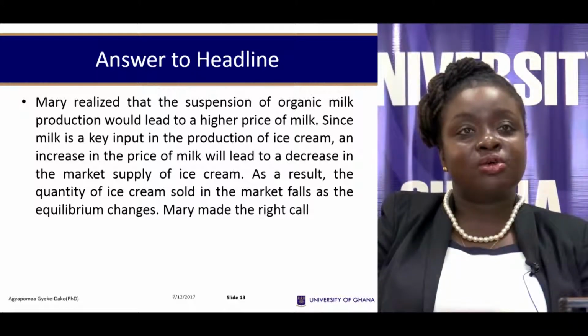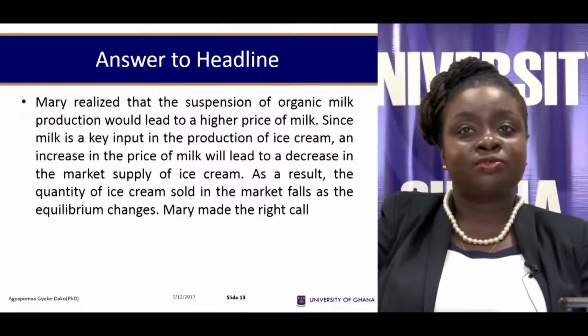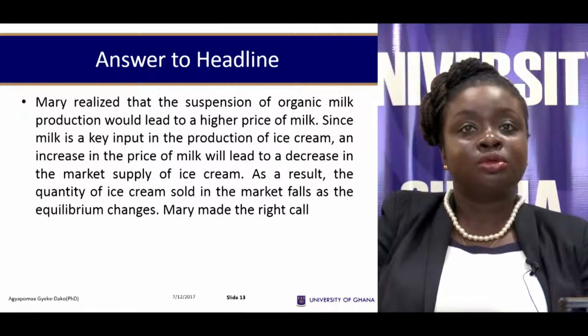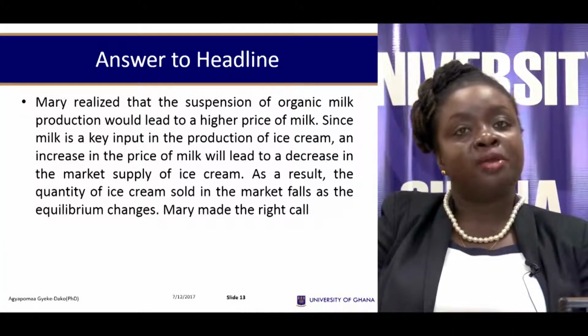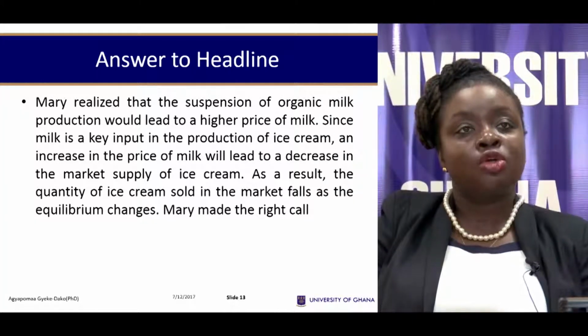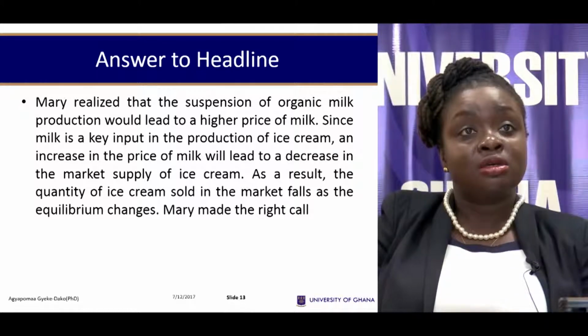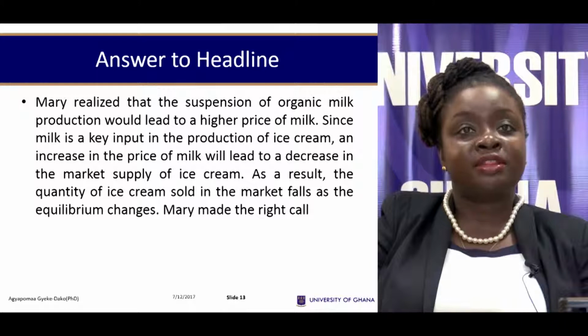As a result, the quantity of ice cream sold in the market falls as the equilibrium changes, which means that Mary made the right call. If the quantity of ice cream is going to fall, there's no reason why we need to employ more people. So indeed, Mary made the right call. You can use your graphs, demand and supply curves, and shift them around to arrive at the answer I've given to you.